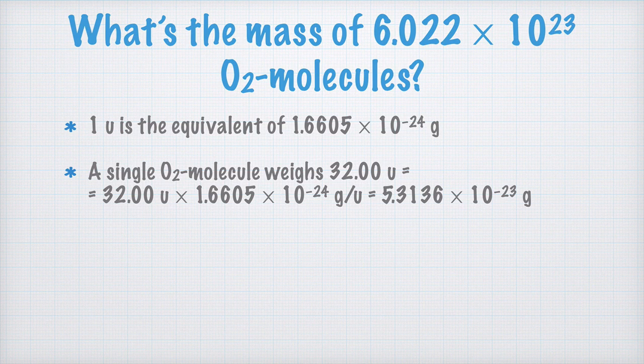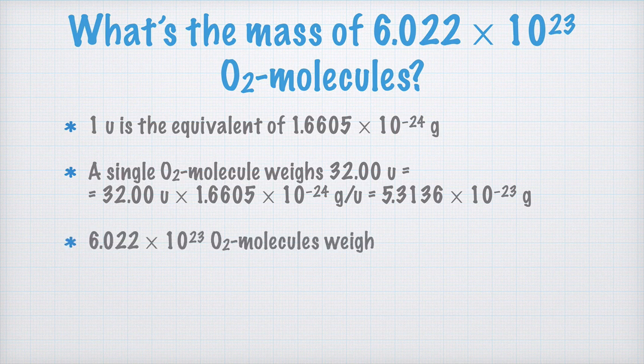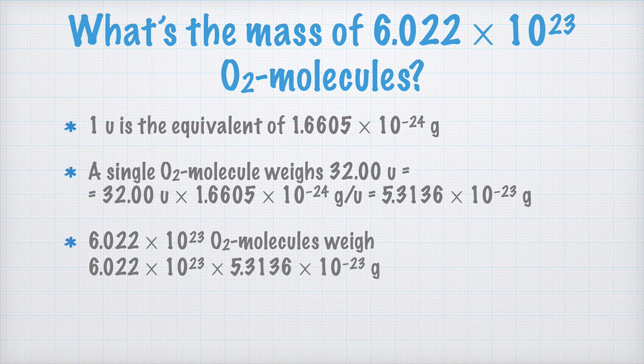Do the calculations on your own calculator too. 6.022 times 10 to the 23 oxygen molecules weigh a little bit more. 6.022 times 10 to the 23 times more, to be exact. According to my calculations, they weigh 31.9984992 grams. That is approximately 32.00 grams.